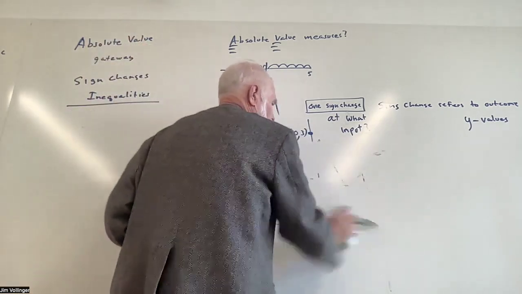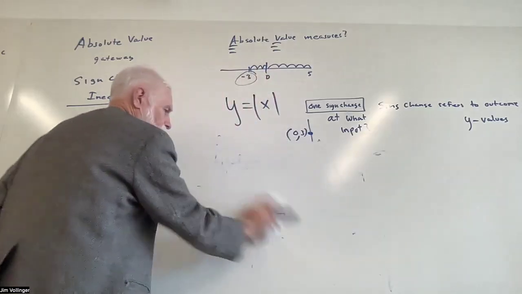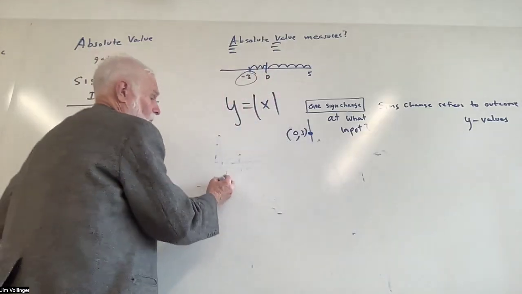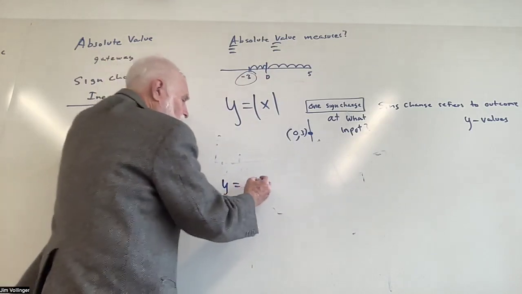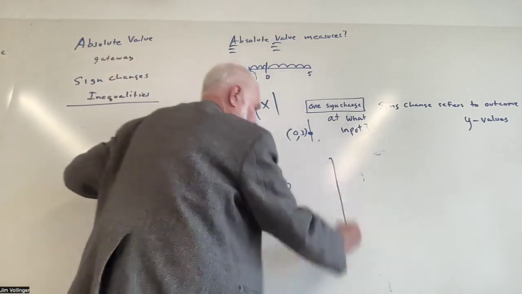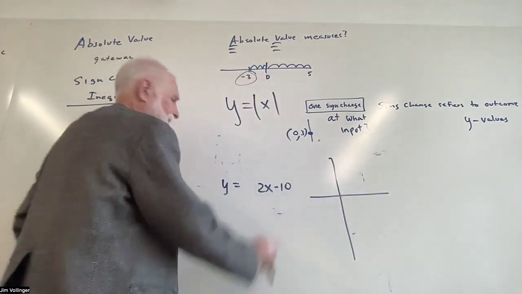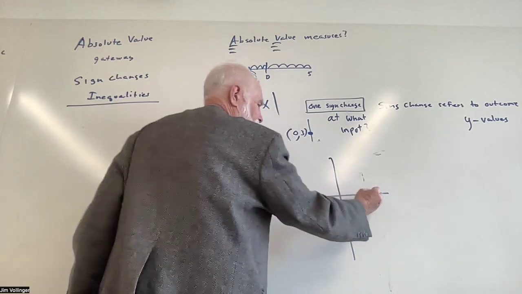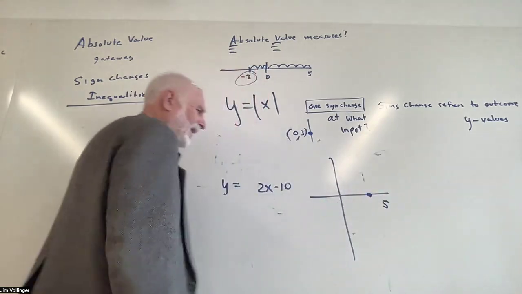All right, let's look at another one. Let's look at y equals 2x minus 10. What's the critical number? It's not negative 10, it's 5. Why 5?